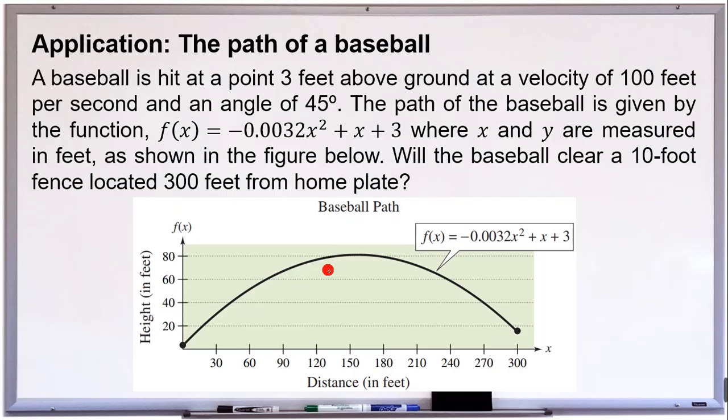If the baseball is hit, it travels through the air following this parabolic path or projectile path. This path, luckily, is represented by the given function. So this is one importance of studying this concept. The baseball path is represented by this equation.